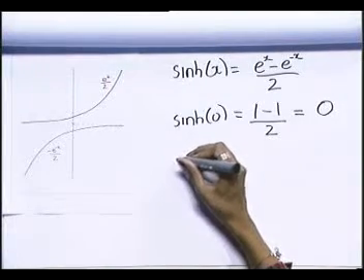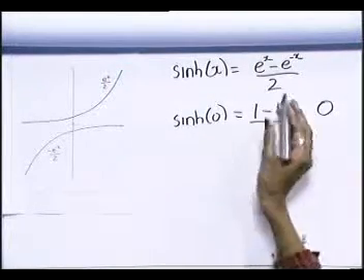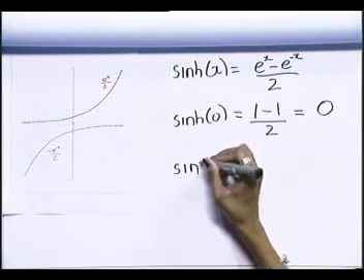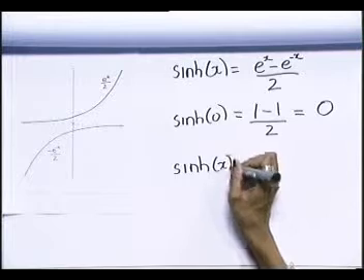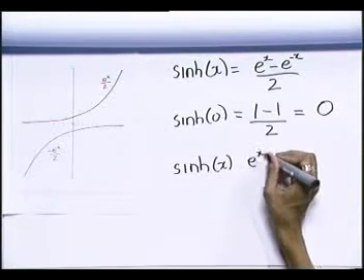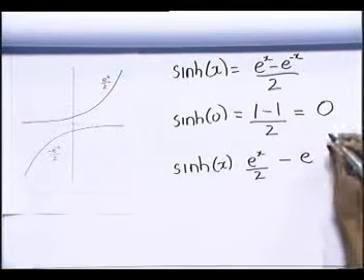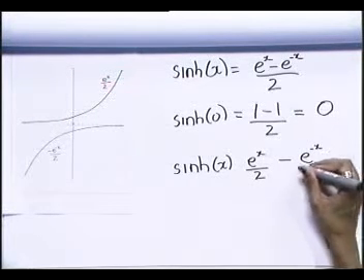Now we'll see what happens as x gets large. Like before, we can split up the way we write sinh x. So we write sinh x as e to the x over 2 minus e to the minus x over 2.